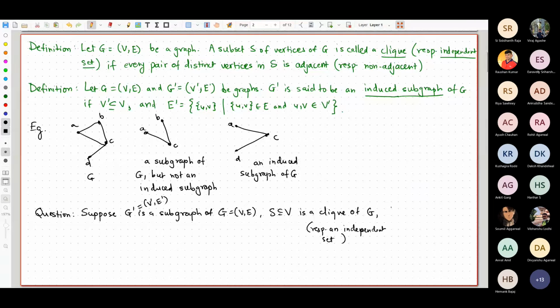And S is a subset of V prime, in fact. So is S necessarily a clique, respectively independent set, of G prime?